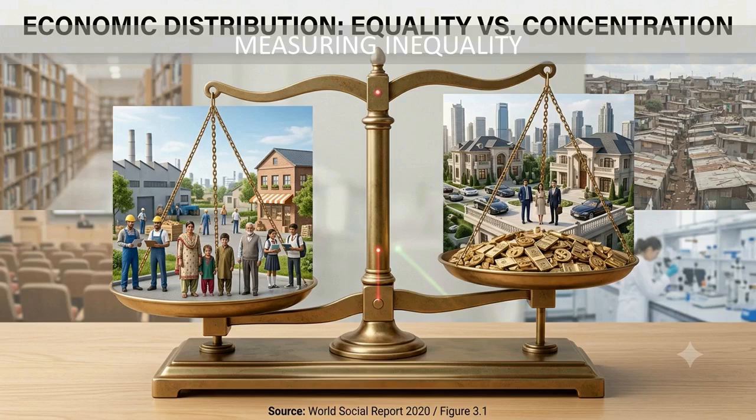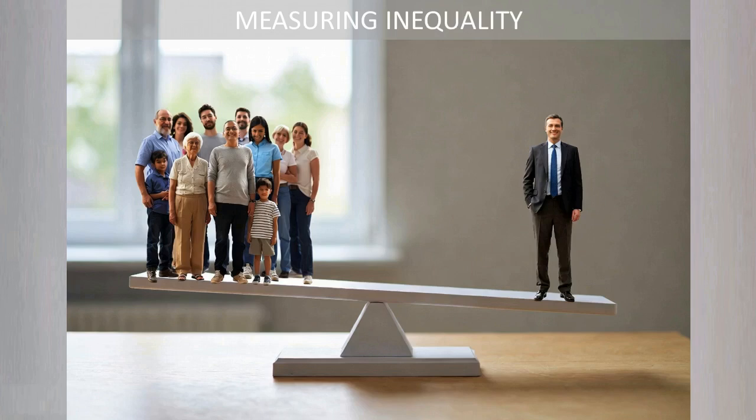A value of 1 represents perfect inequality, where all income belongs to a single individual. A lower Gini value indicates a more equal society. A higher Gini value indicates greater inequality. Many developing countries experience relatively high levels of inequality, which can hinder inclusive development.